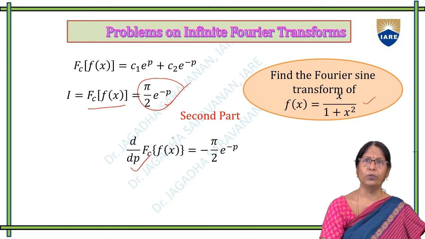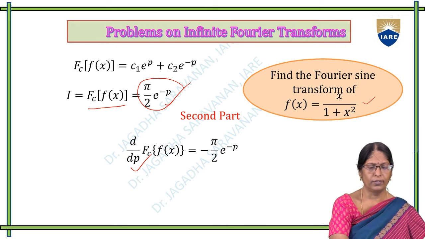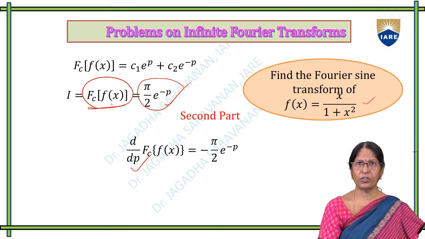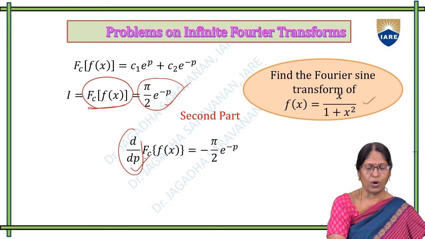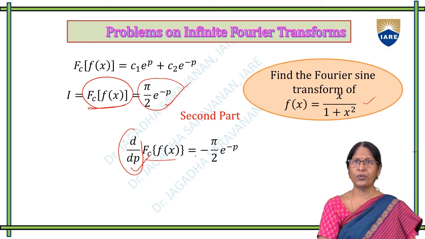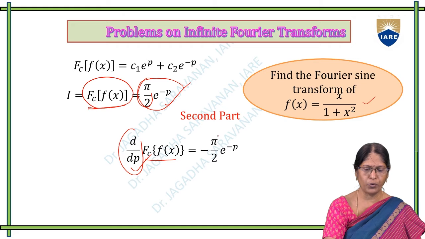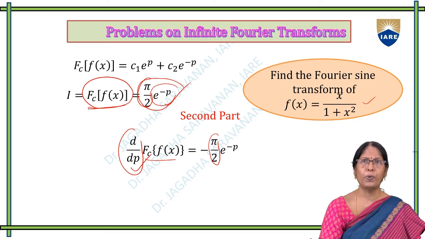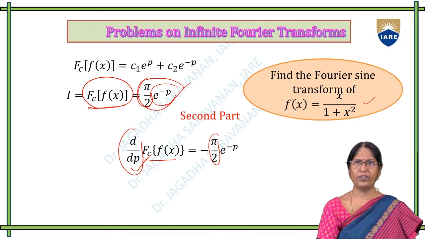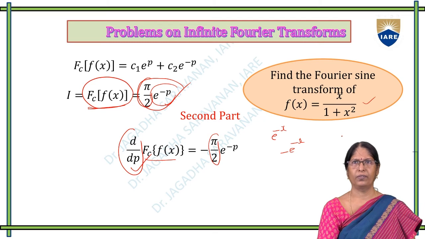That we are going to differentiate with respect to p. So differentiating with respect to p, we write d by dp of our Fourier cosine transform of the function f of x, which is equal to pi by 2, written as it is, and this e power minus p is there. We know that the differentiation of e power minus x is minus e power minus x.